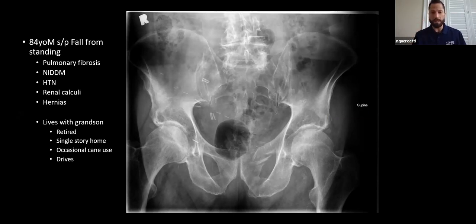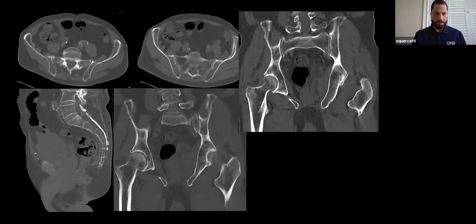So on first glance, again, this looks like nothing, just looks like non-displaced superior and inferior pubic rami fractures. When you get the CT, you look at the sacrum, you notice you have a complete sacral fracture. It goes all the way through. This is more of that type 2C injury where it can potentially progress, and they can get a progressive internal rotation deformity.